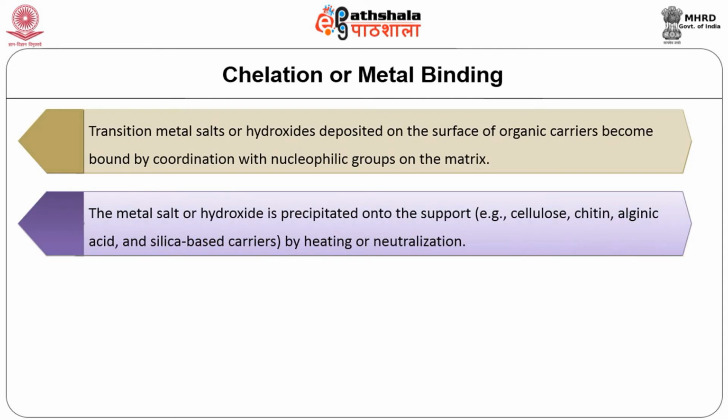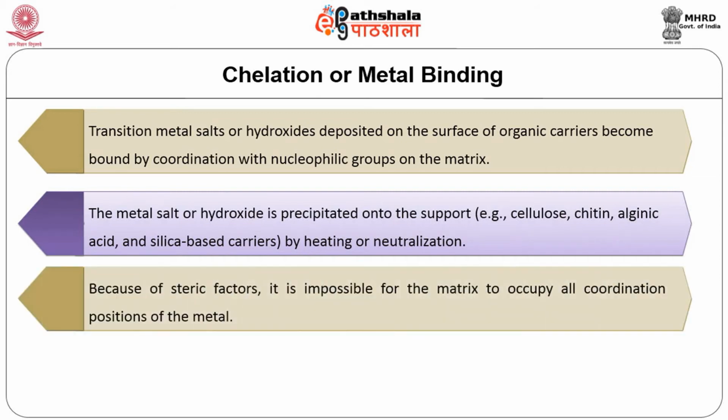Examples include cellulose, chitin, alginic acid and silica based carriers, by heating or neutralization. Because of steric factors, it is impossible for the matrix to occupy all coordination positions of the metal. Therefore, some of the positions remain free to coordinate with groups from the enzymes.